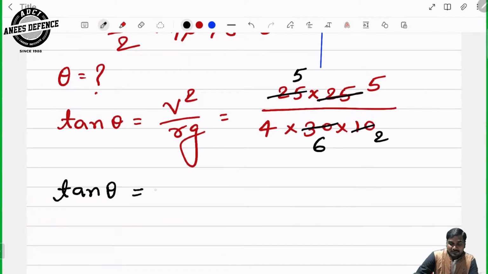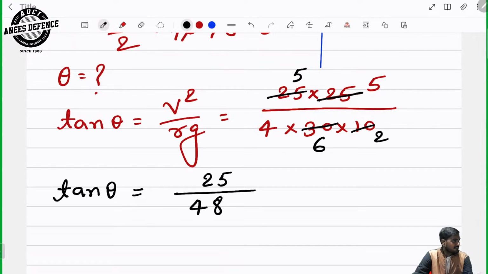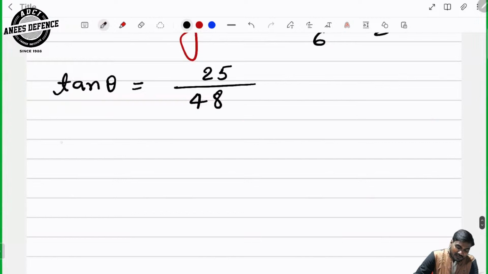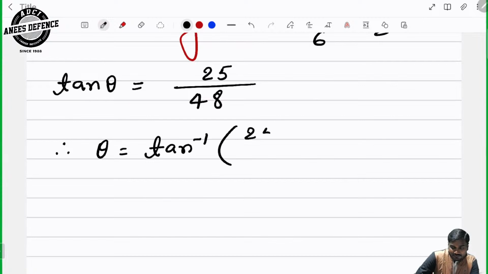Tan theta is equal to 25 upon 48. Hence you can write theta is equal to tan inverse 25 upon 48. Yes or no?